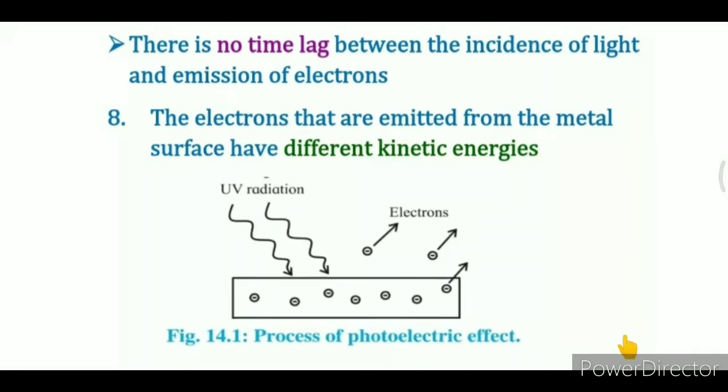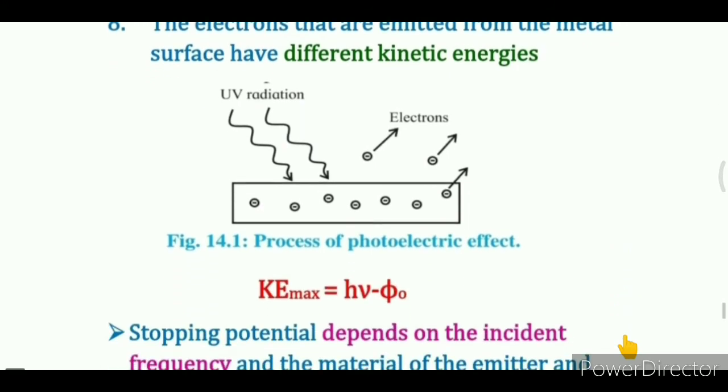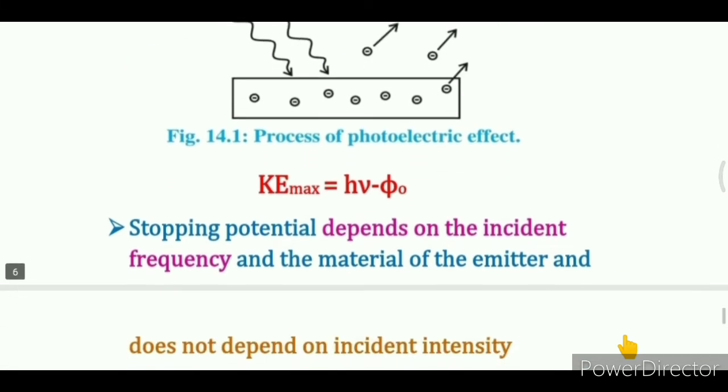The next reason given by Einstein for the electrons being emitted with different kinetic energies is that if the potential V, which is the potential difference between the emitter and collector plate, is such that the collector plate is at the lower potential, an electron will lose its kinetic energy in overcoming the retarding force.